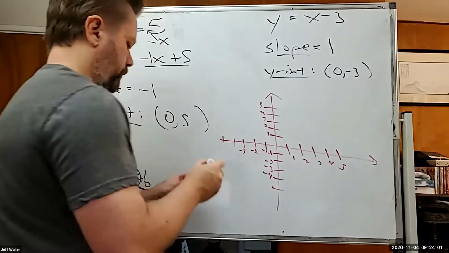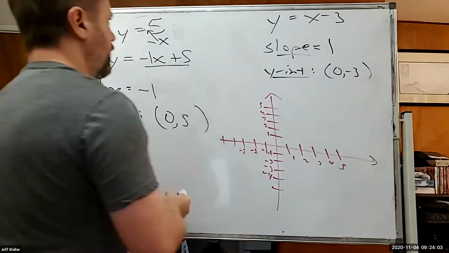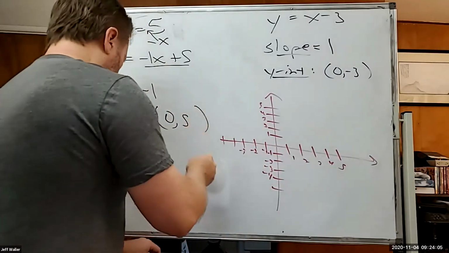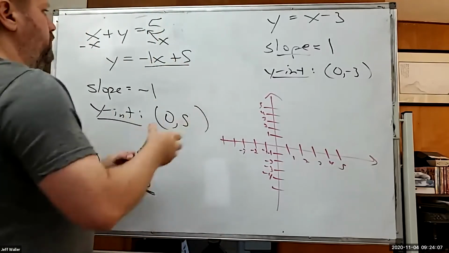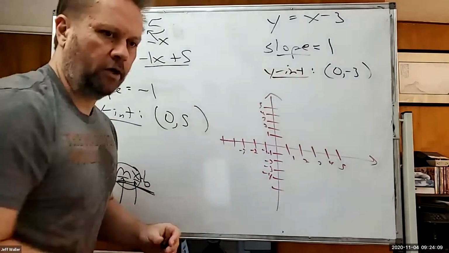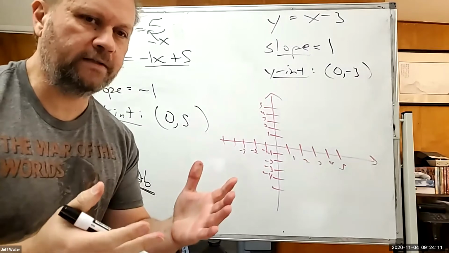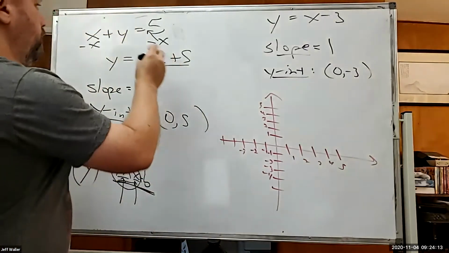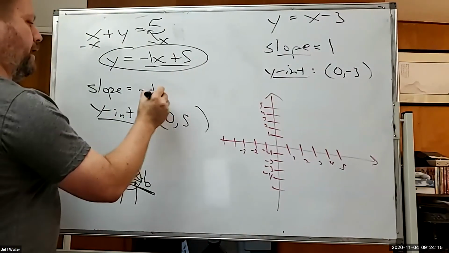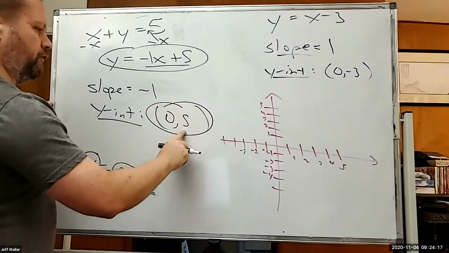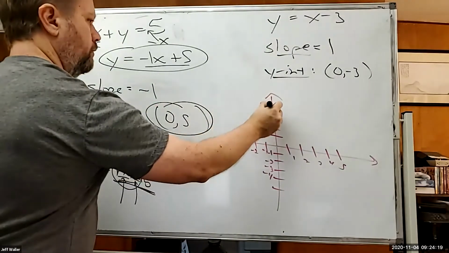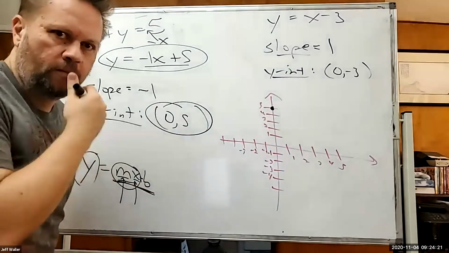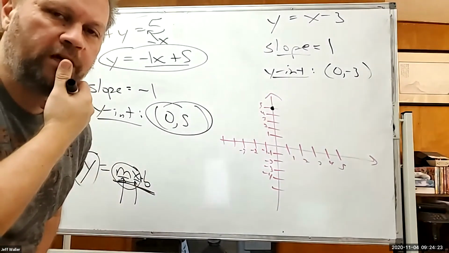All right, that's enough. So let me graph. Oh, this is perfect. I'm going to graph this one in black and this one in purple. I don't think you guys can tell the difference. Oh, well. So this guy has a y-intercept of 0, 5. And then the slope tells me to do what?